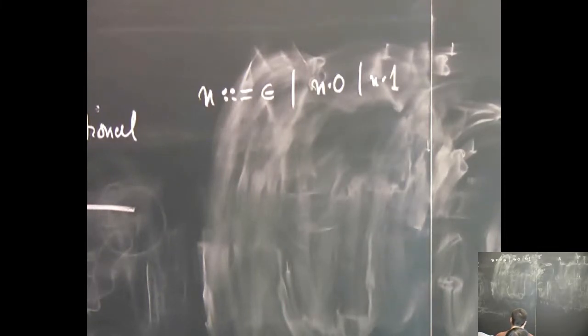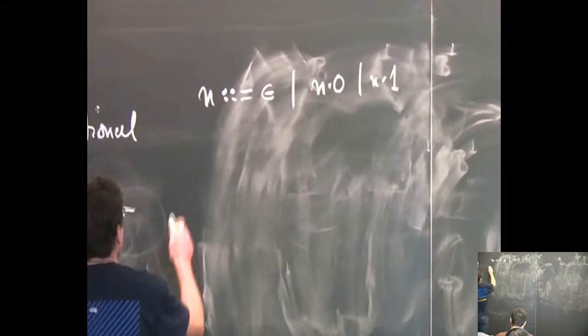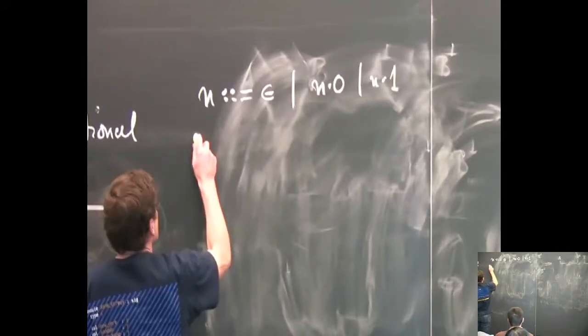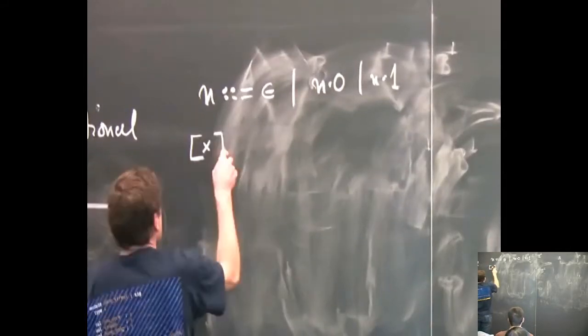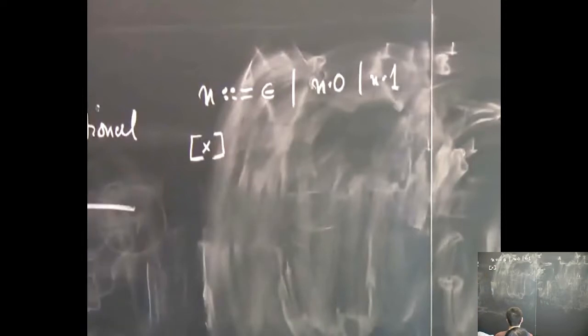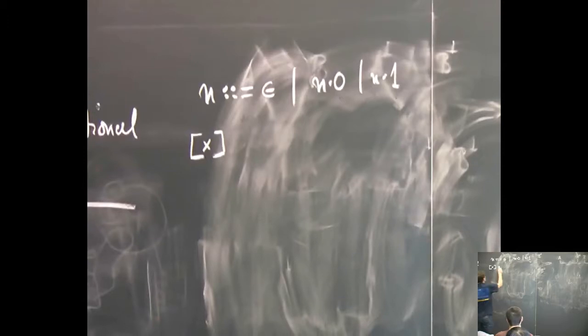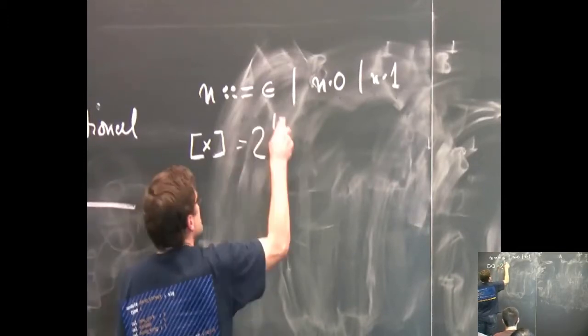The first function I want to define turns out to be a useful thing, which is bracket x. It's an approximation of x where all the digits are 0 except the one at the top. Somehow we want it to be 2 to the size of x.